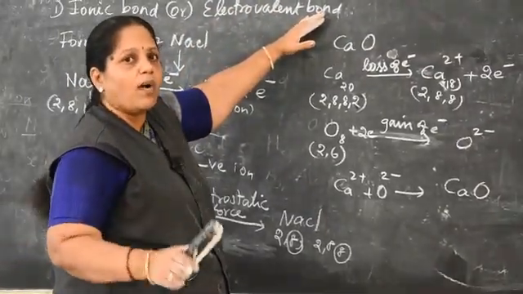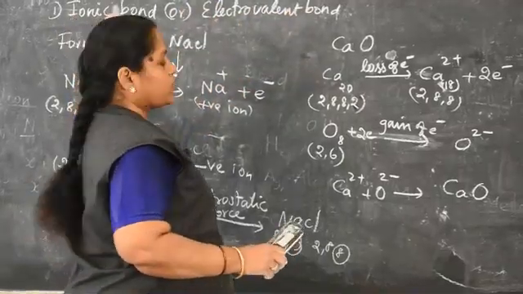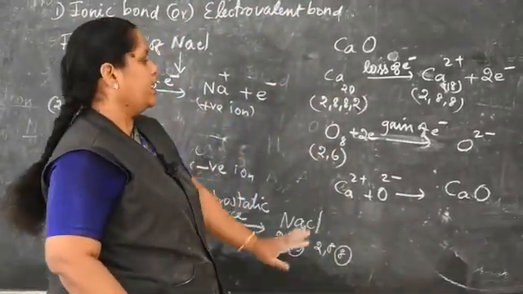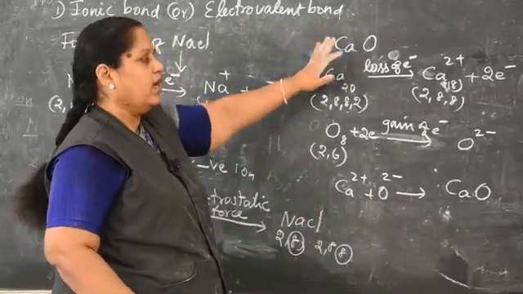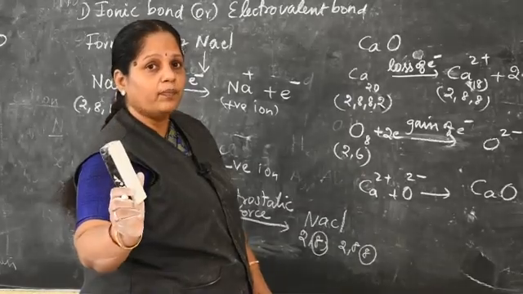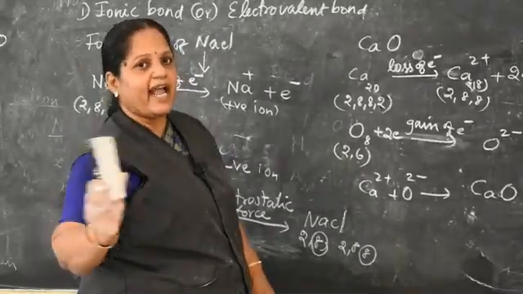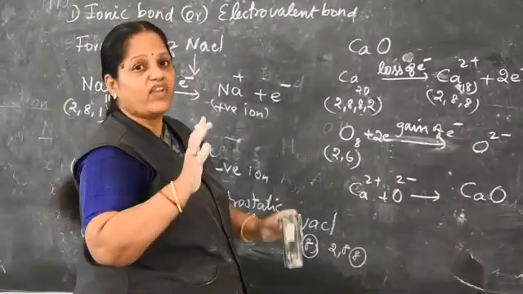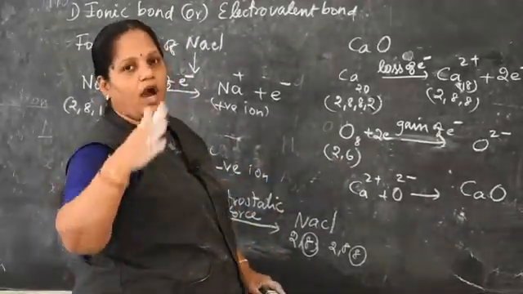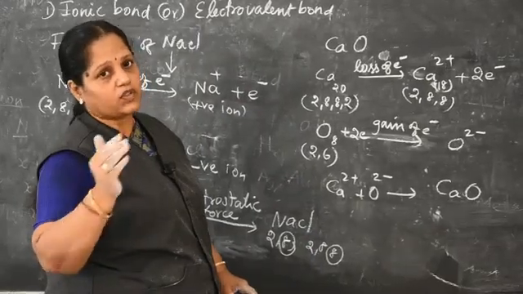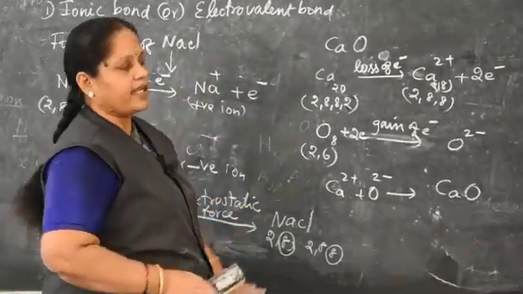The bond is formed between ions, that's why this kind of bond is called an ionic bond. Clear? So loss of electron, gain of electron, and complete transfer of electron from one atom to another is known as ionic bond. From metal to non-metal, complete transfer of electron takes place. That is also called ionic bond.